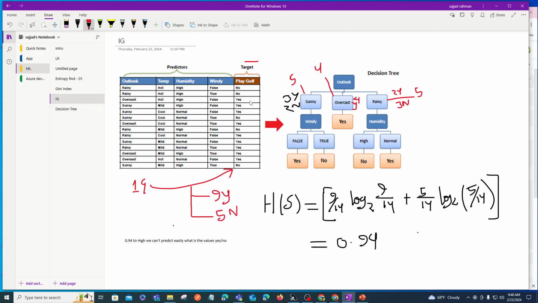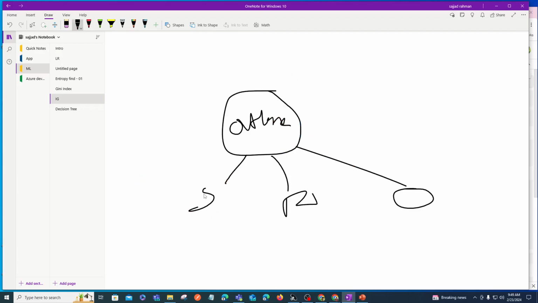For example, we can draw the outlook node, and it has three values: sunny, rainy and overcast.